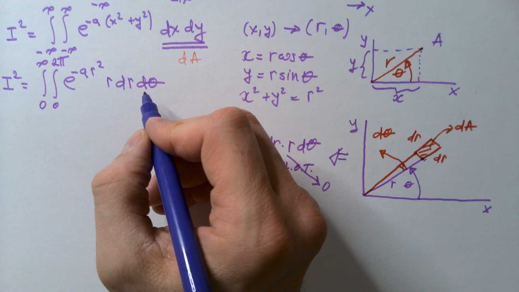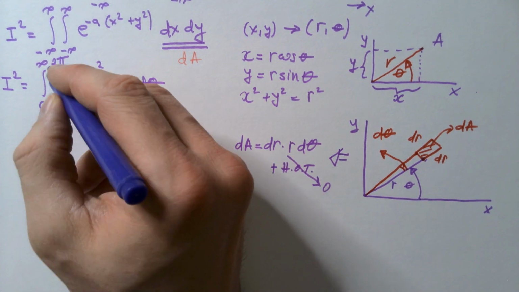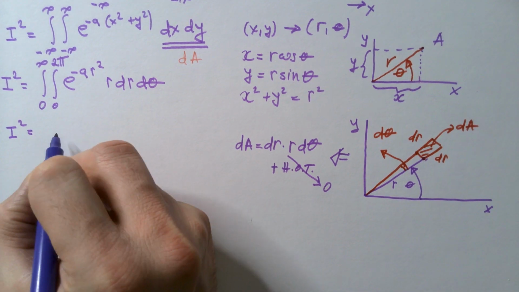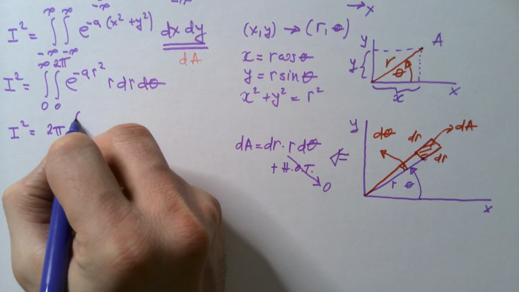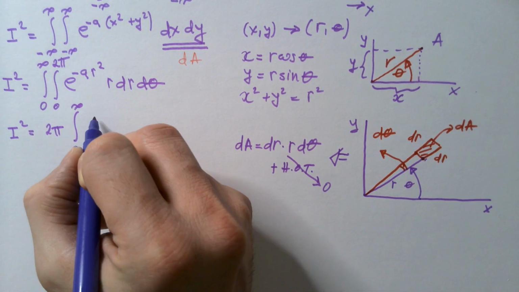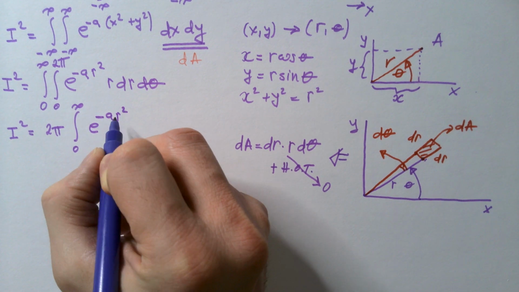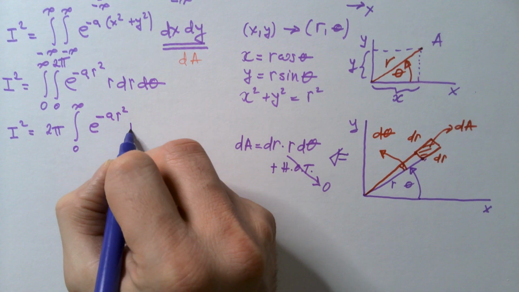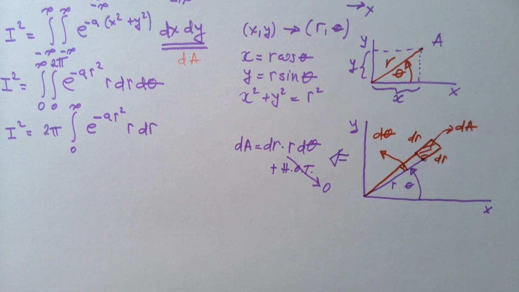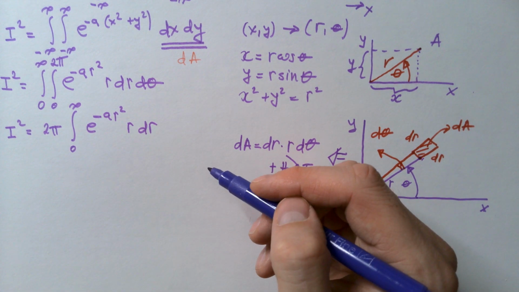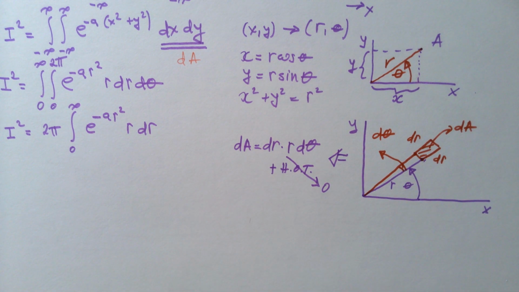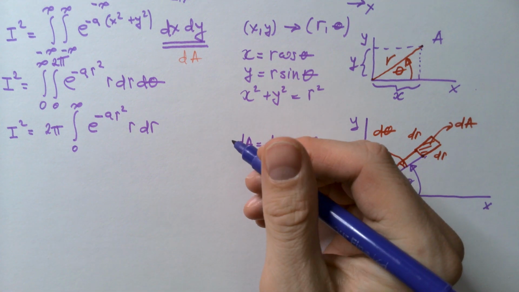But the integral of d theta with the limits 0 to 2 pi is trivial, so that is equal to just 2 pi times the integral from 0 to infinity of e to negative a r squared r dr. And this integral can easily be solved using substitution, but I'll show you a fancy way to do it that you can use to impress your friends in disco clubs.